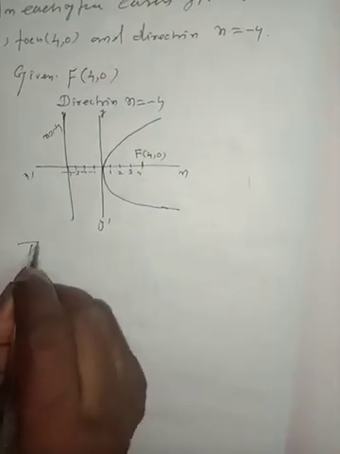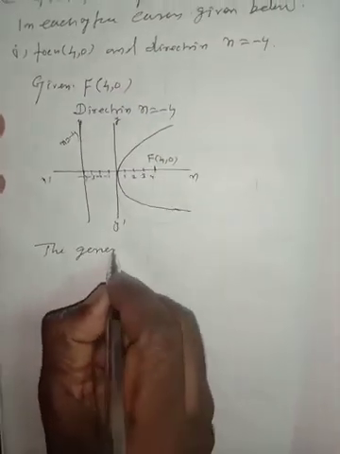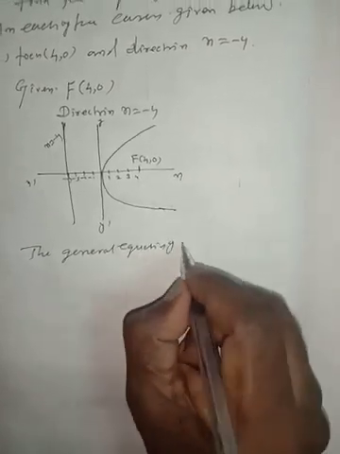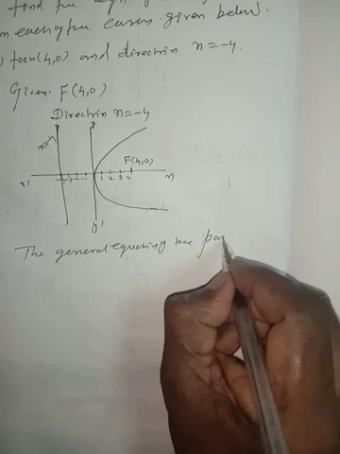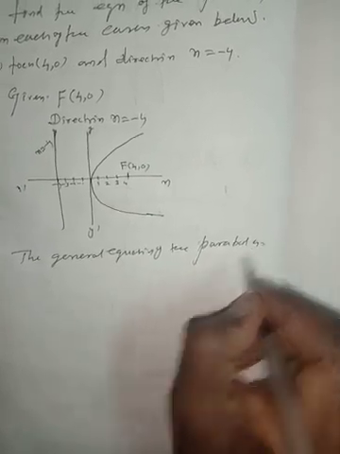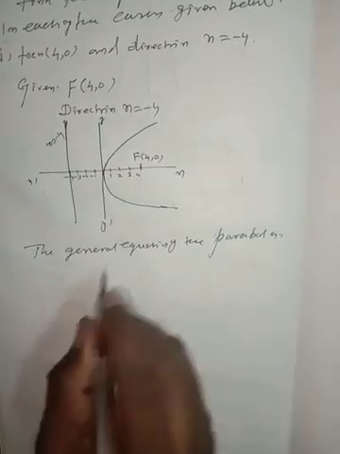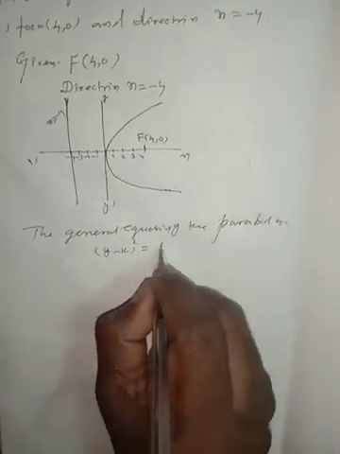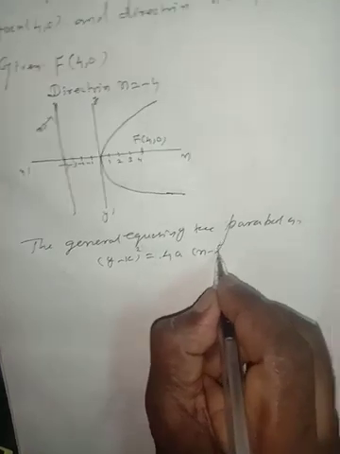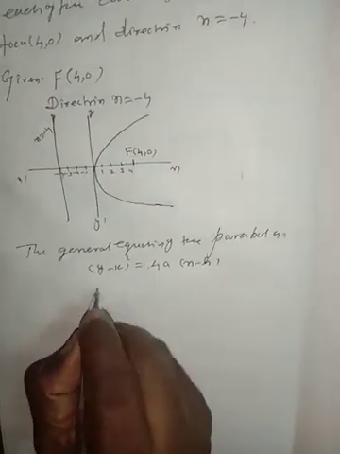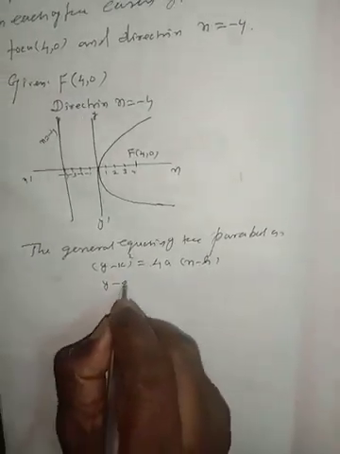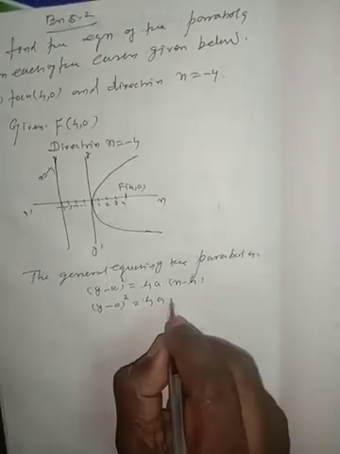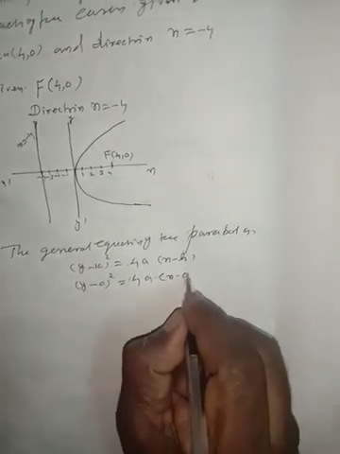The general equation of the open rightward parabola is (y minus k) whole square is equal to 4a into (x minus h). Here, (y minus 0) whole square is equal to 4a into (x minus 0).